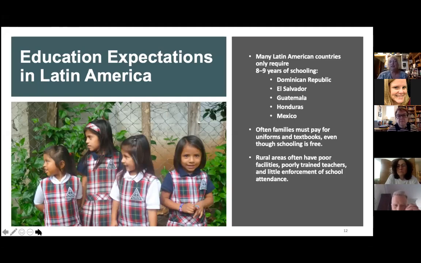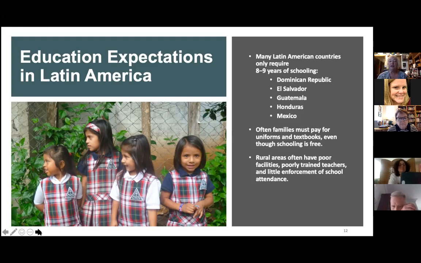So educational expectation in Latin America is very different than what we would expect here. For many of the countries, only 8 to 9 years of schooling is required. So their compulsory education ends about age 13 in most of these countries. Often the families must pay for uniforms and textbooks.